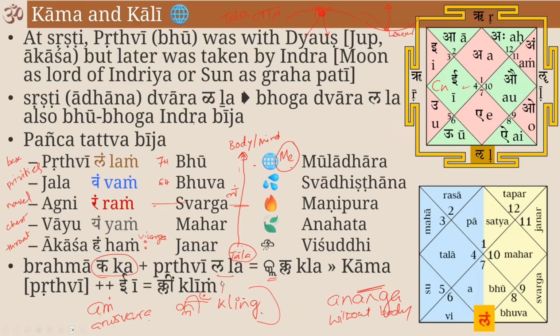And you can see how this la bija, this lam bija, is coming down right to bhuloka. Whereas vam can only come up till here. Ram comes up till swargaloka. Then yam will come up to maharloka. And janarloka is ham.